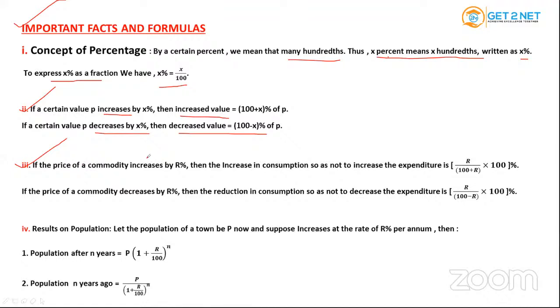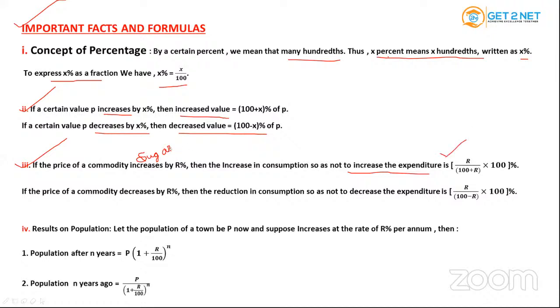Suppose there are two commodities, let's say sugar and salt. If the price of a commodity increases, then what will be the change in consumption so as to not increase the expenditure? The formula is this.